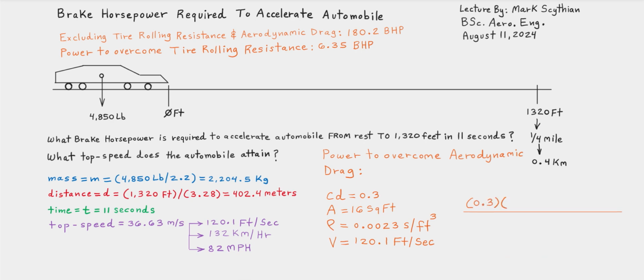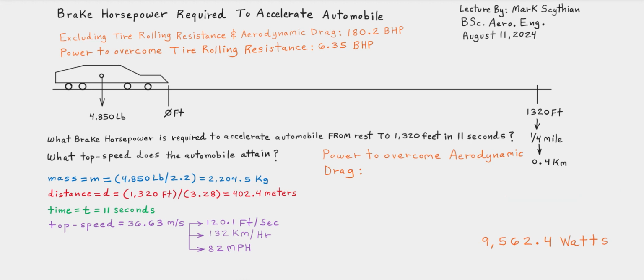So when we compute the power required to overcome aerodynamic drag measured in watts at 120.1 feet per second, it translates to 9,562.4 watts of power, then divided by 746, which translates to 12.8 horsepower. And again, that is at the final velocity of 82 miles per hour or 120.1 feet per second.